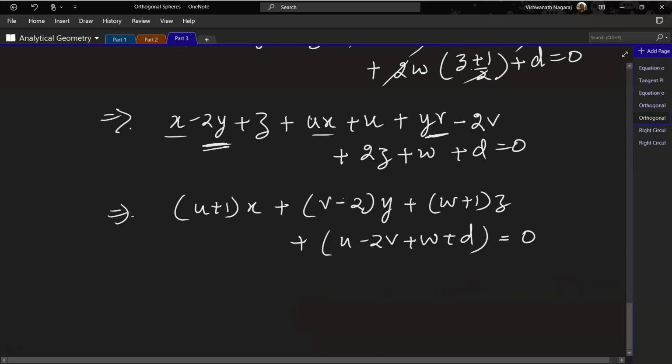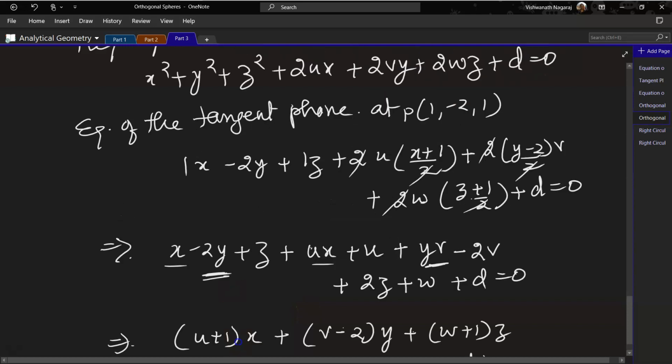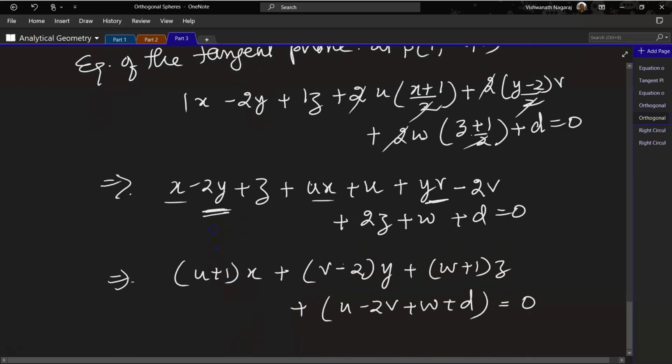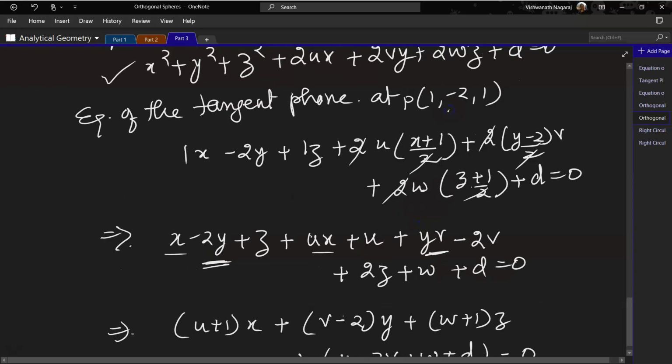This is the equation of the tangent plane to this sphere at this particular point.